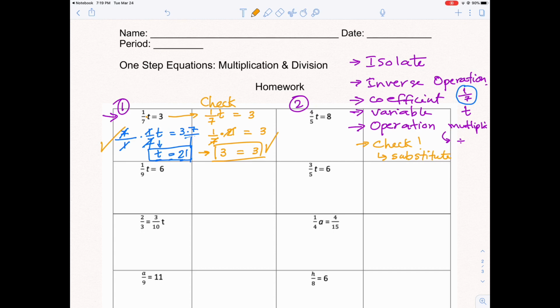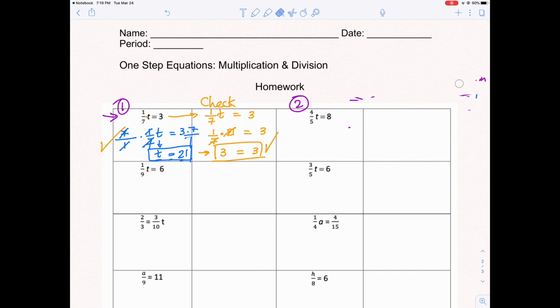Alright, I'm going to erase this so we can work on the other problem. To isolate, do the inverse operation. The inverse operation should be division, which means I'm multiplying by the reciprocal. Remember, multiplying by the reciprocal also means dividing by this number.